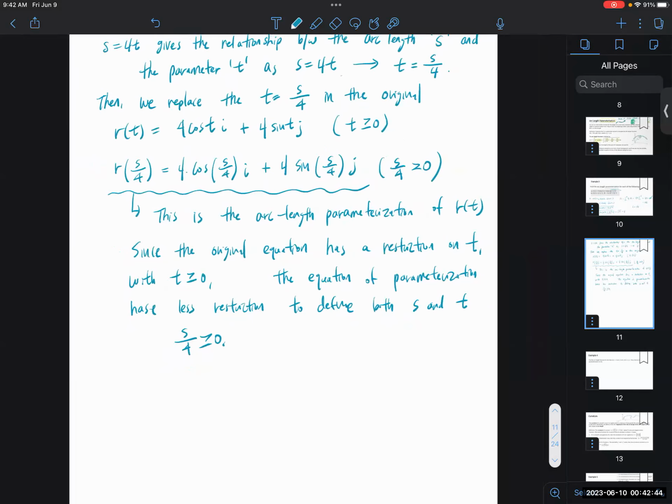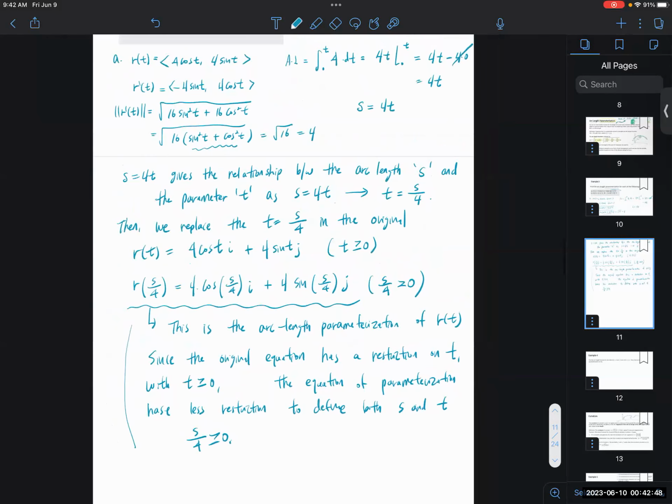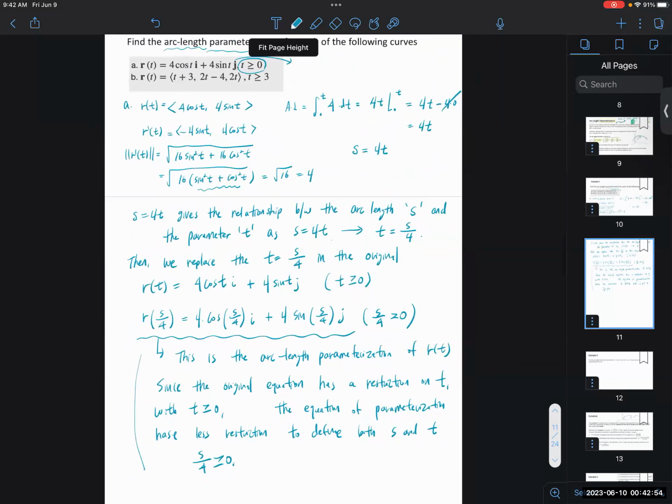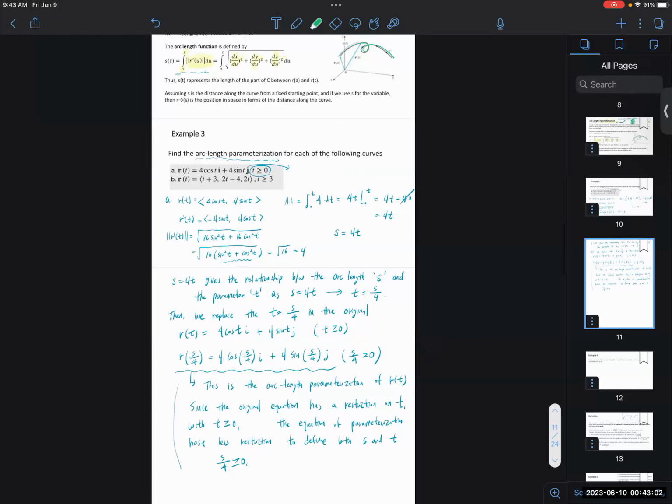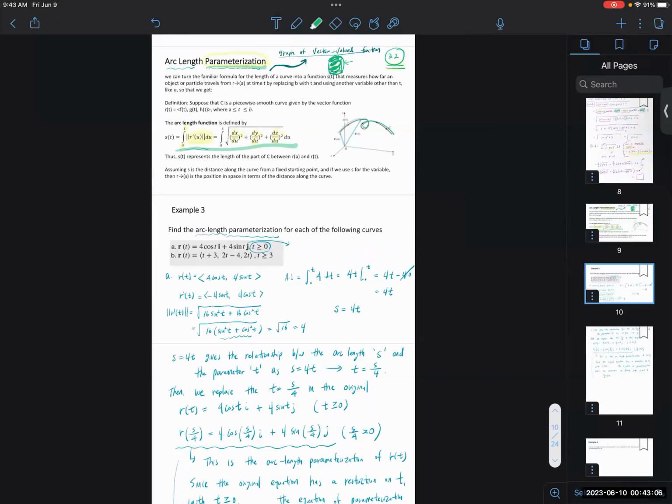I'm not going to ask you this part, but I'm going to ask you to find the parameterization equation in terms of the arc length, so you can talk about the answer better. One more time: it's the same formula to find the arc length, but I'm talking about the parameterization.